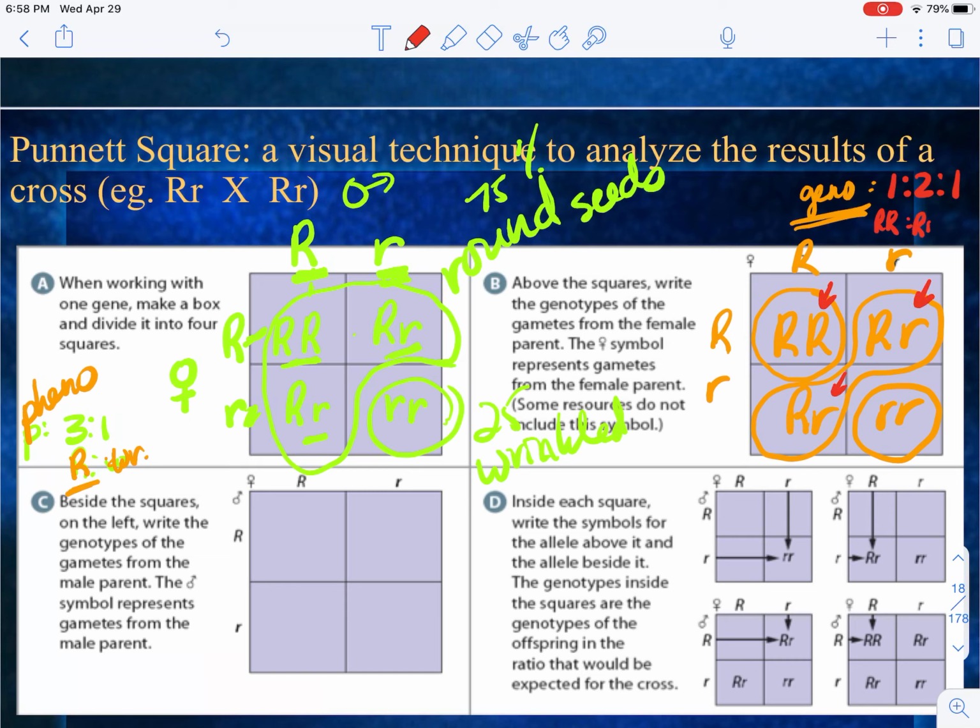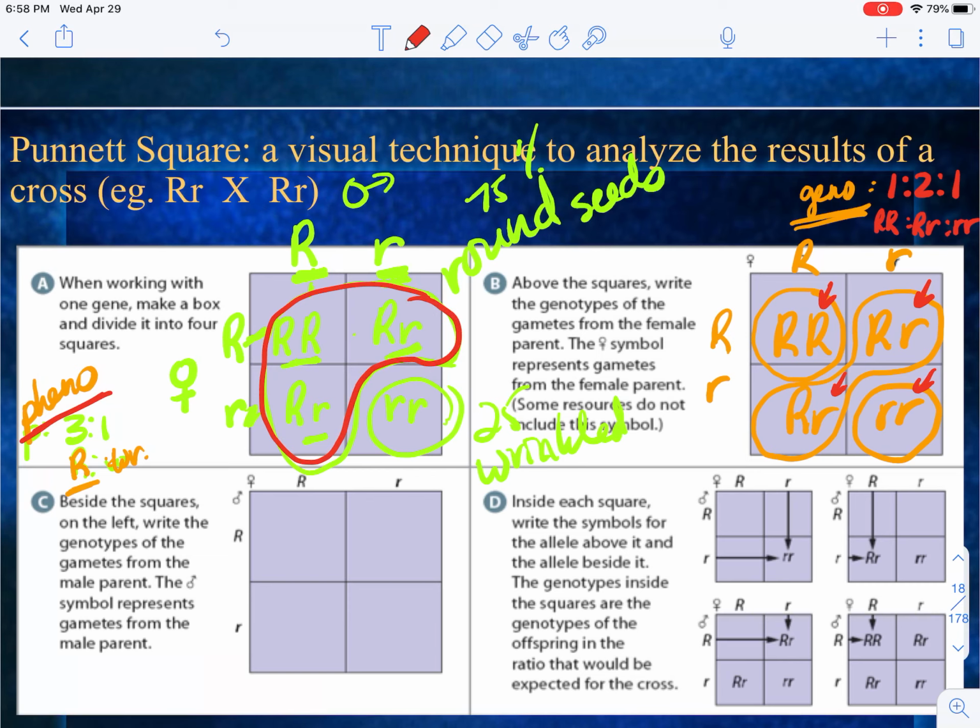You've got one that's both the same, homozygous dominant, you've got two that are heterozygous, and you've got one that's homozygous recessive. So genotype means the gene combination of the offspring.